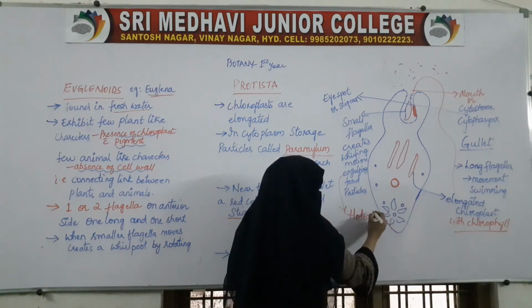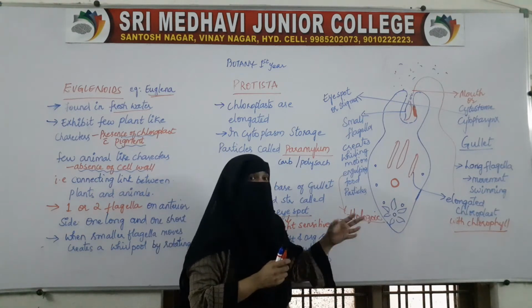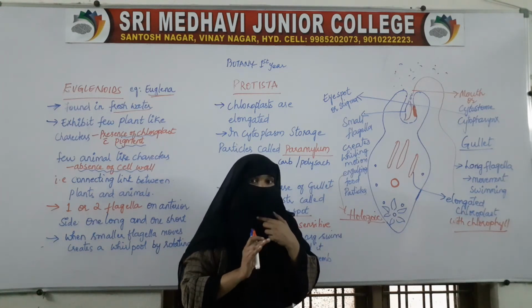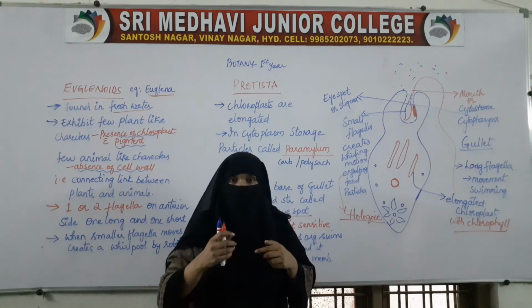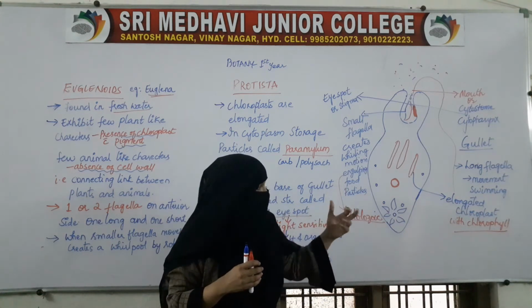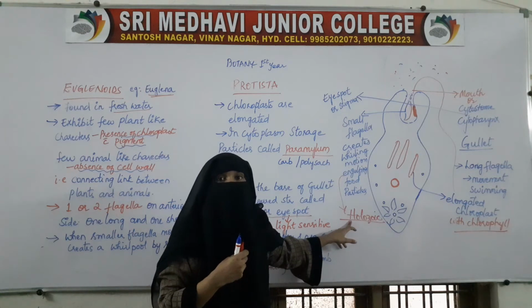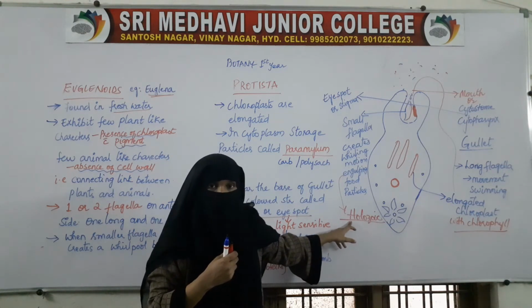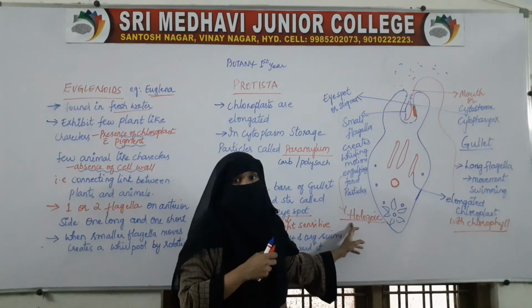They are heterotrophic, and in that they show holozoic nutrition, that is engulfing. Heterotrophic means they do not prepare their own food. They take the food from surroundings by engulfing, directly swallowing the particles. Such type of nutrition is called holozoic nutrition.